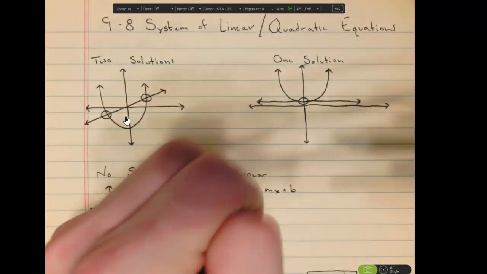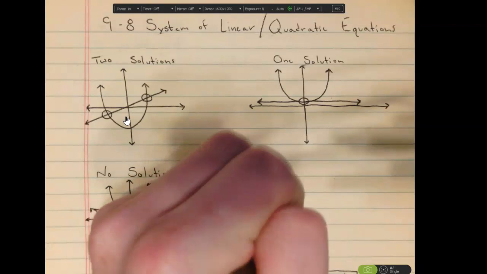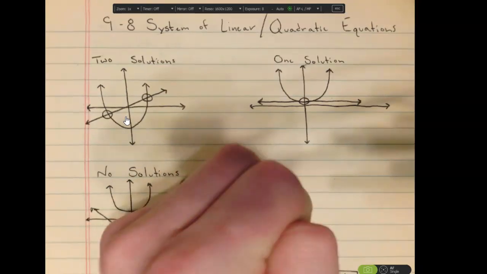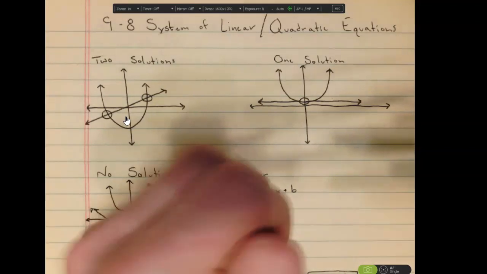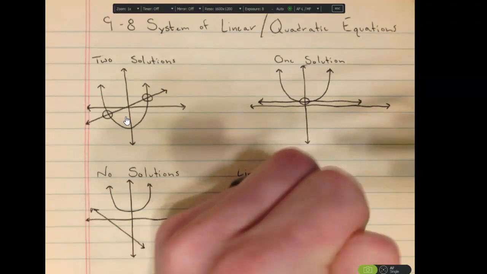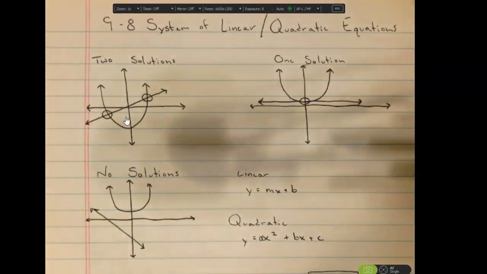Whenever we talk quadratic, that's where we're going to have that x squared, so it's going to be ax squared plus bx plus c. That's what separates linear and quadratic: one has just a regular x, another has an x squared.